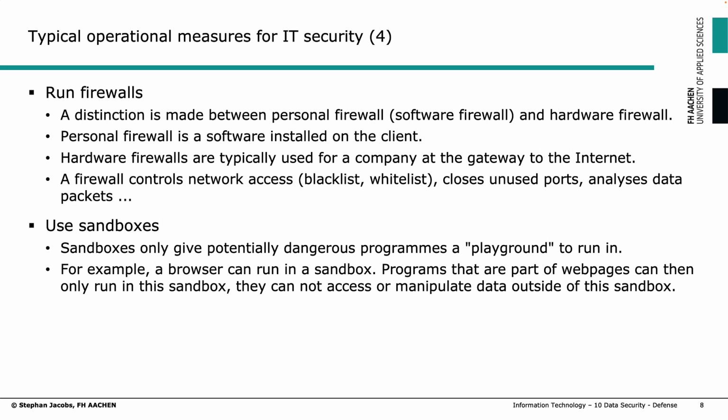For example, there could be blacklisted IP addresses or blacklisted domain addresses, and vice versa, there could be whitelists. Blacklist means you are forbidden to go there, and whitelist means if you go to an IP address other than the ones on the whitelist, you will not have access due to these settings in the firewall.